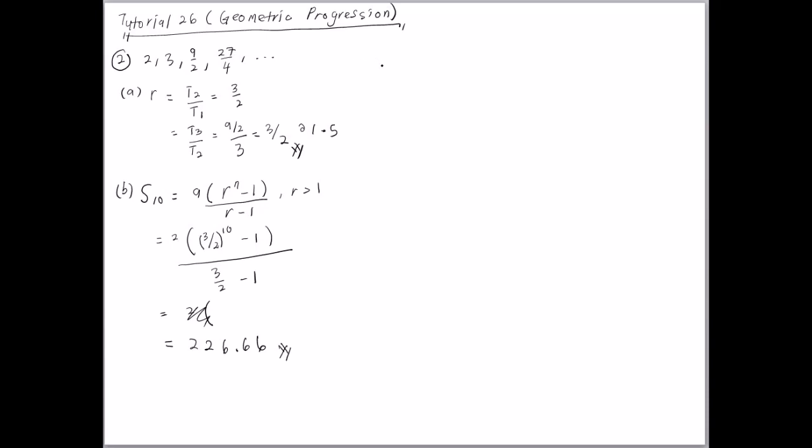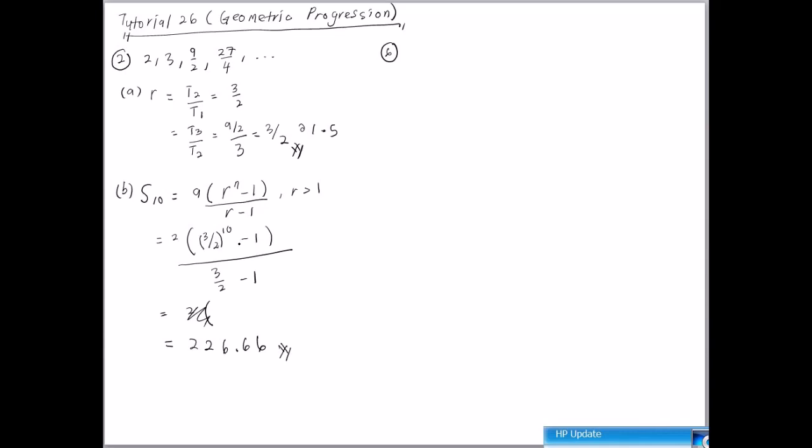Okay, next is question 6. For this one, you can straight away use your calculator. First, calculate 3 over 2 power 10. You should get 57.66503906 and then minus 1.